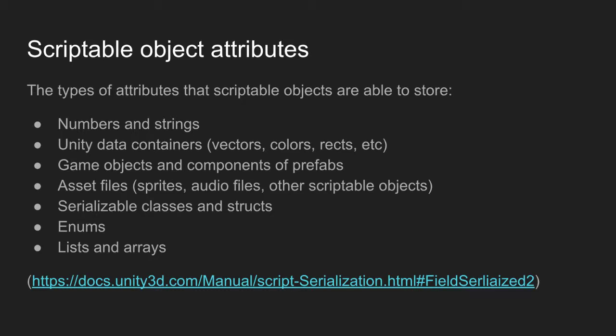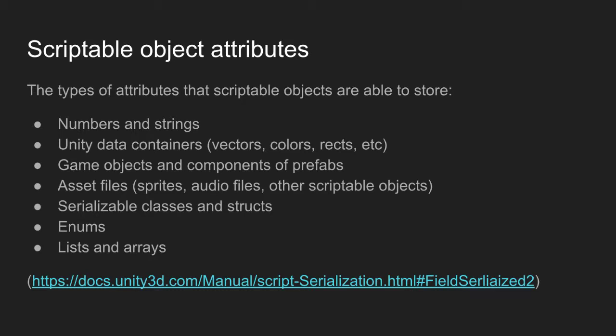You can't really have them reference a game object or its components because they might not exist. But prefabs are kind of like scriptable objects where they just exist as an asset file, so you can reference those. And you can also reference other asset files like sprites, audio files, other scriptable objects.